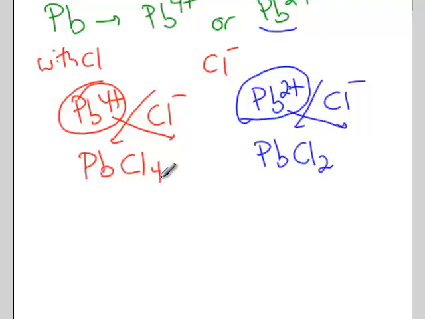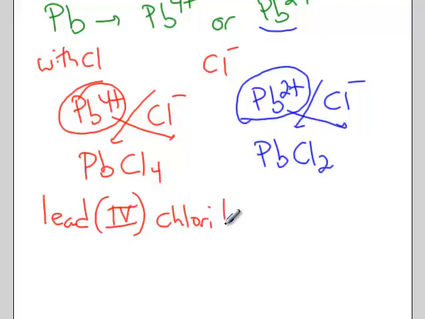So PbCl4, it would be incorrect to call this lead chloride because you wouldn't be able to tell the difference between the red lead chloride and the blue lead chloride. So the red one is lead, then parentheses and Roman numeral 4 to tell you you're dealing with the positive 4 version of lead, then a space, and then the anion chlorine changes to chloride.